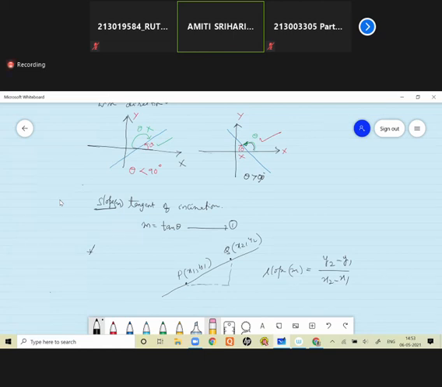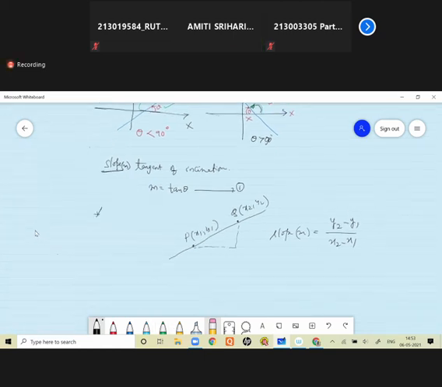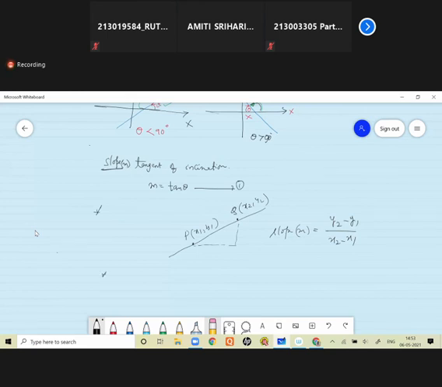If two points are given, then the slope is this.